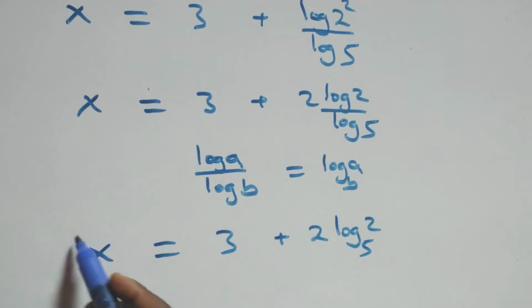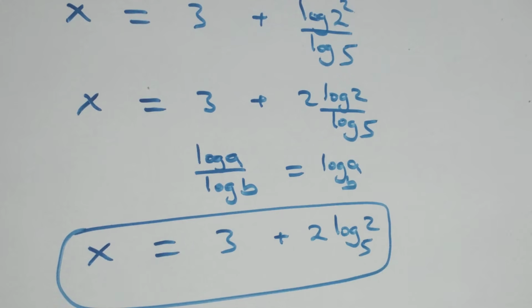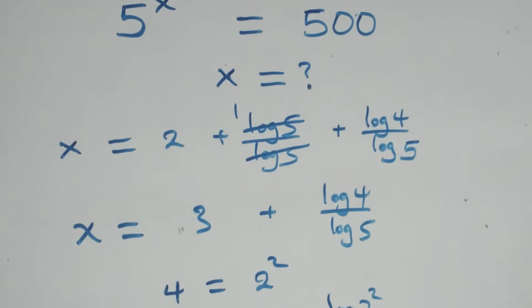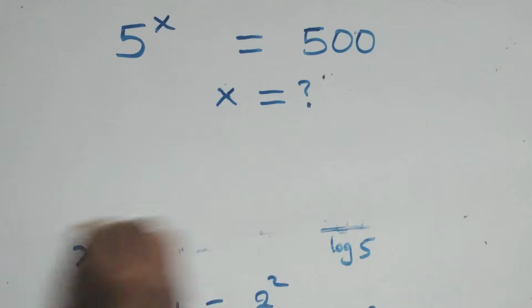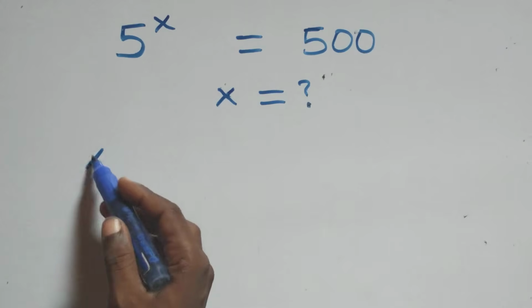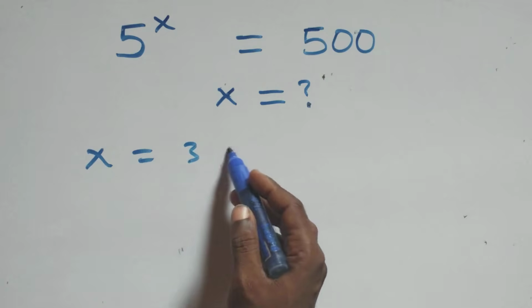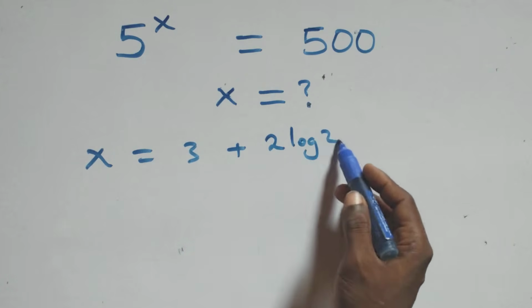So here we have the value of x in this problem. Then let's check if this satisfies the given problem. We substitute the value of x here, which is x equals 3 plus 2 log 2 base 5.